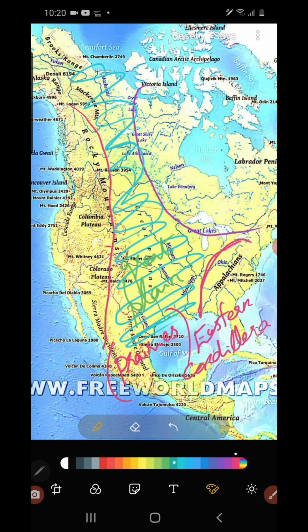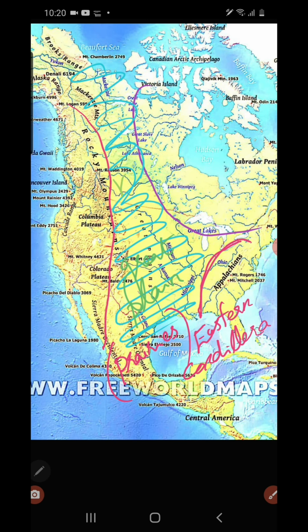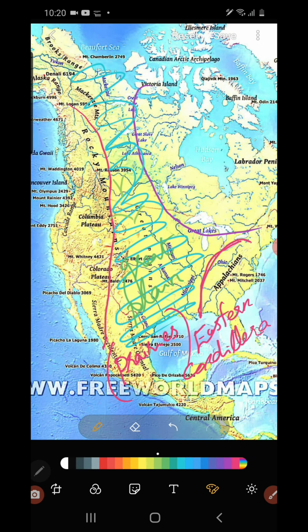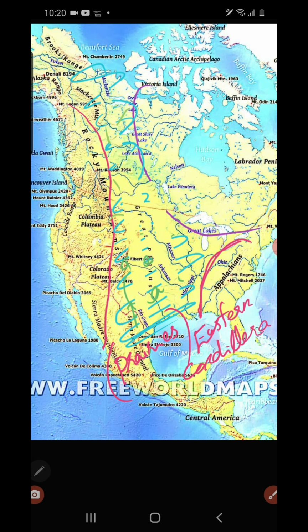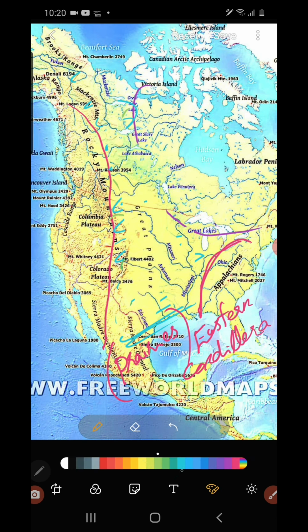Children, only wheat and small grasses grow in this region. Only grasses are growing. That is why this region is named grassland. So the middle portion of North America is what?